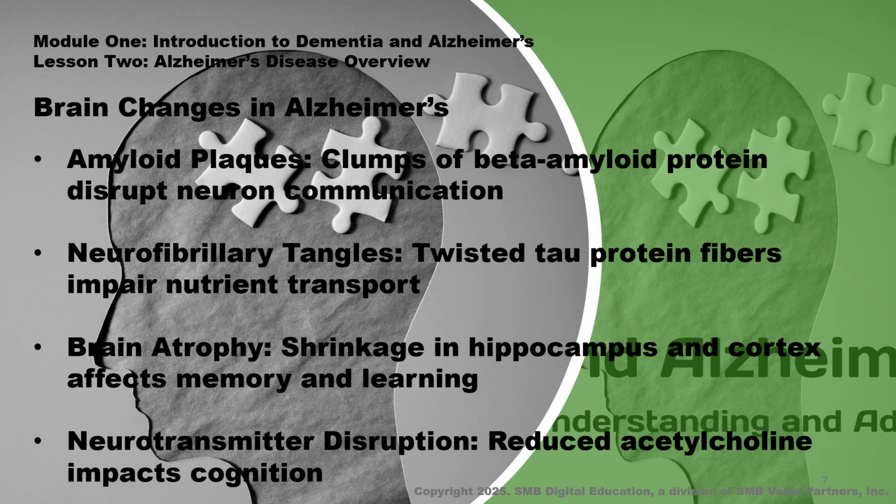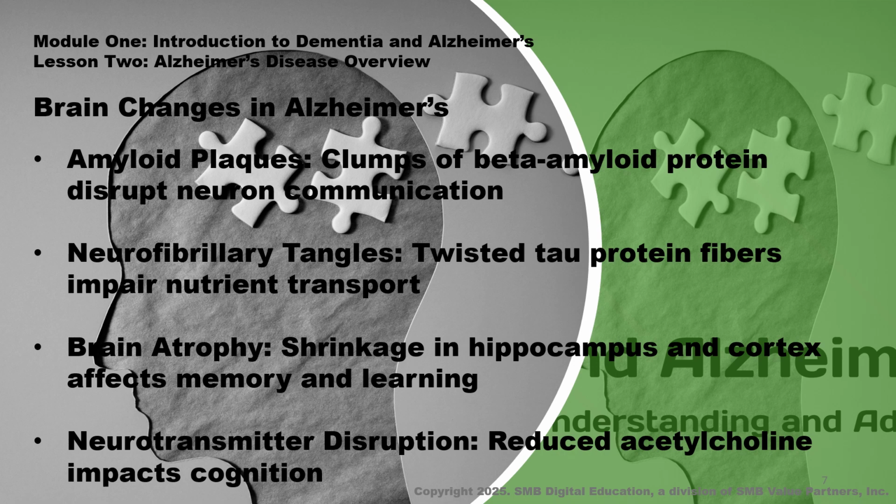Alzheimer's fundamentally alters the brain. Amyloid plaques made of beta amyloid protein accumulate between neurons, disrupting their communication. Neurofibrillary tangles formed by abnormal tau protein tangle inside neurons, blocking nutrient transport and causing cell death.